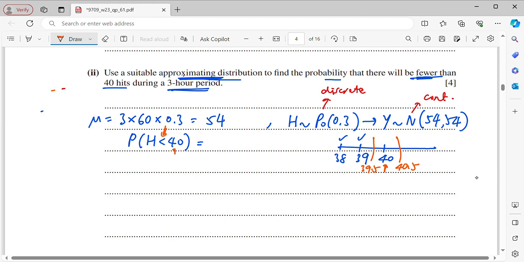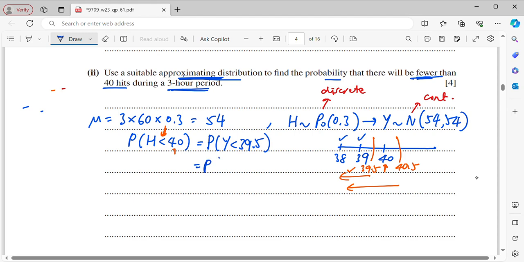By looking at the inequality here, which is less than, I have to accept either less than 39.5 or less than 40.5. Obviously, to include these two ticks, the blue ticks, I have to accept 39.5. So I will write P(Y < 39.5).